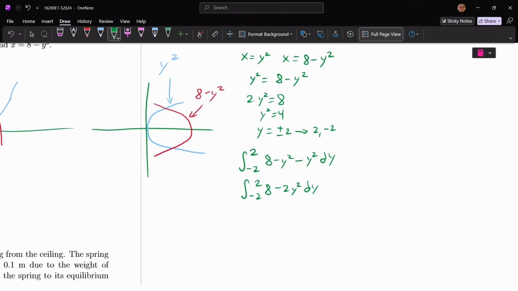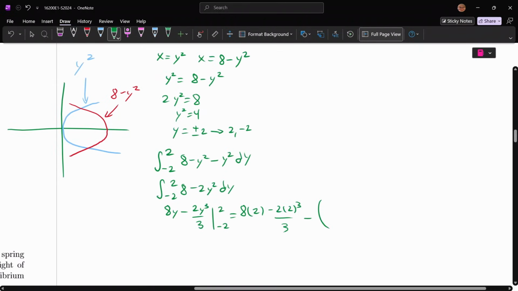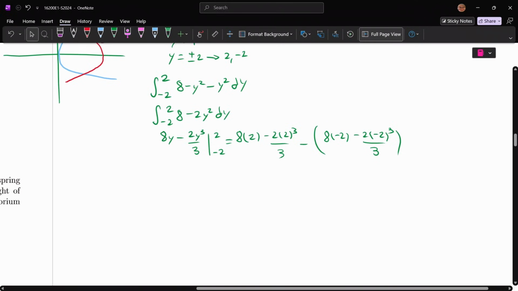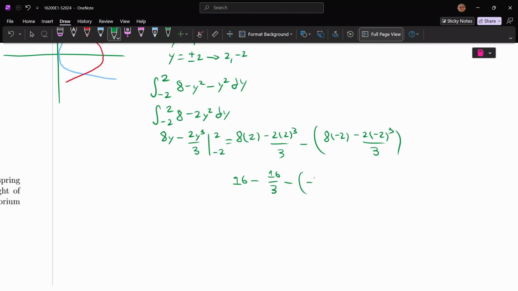When you run through this, you end up with 8y minus 2y cubed over 3, evaluated from -2 to 2, which equals 16 minus 16 over 3, minus, no, plus 16 over 3.